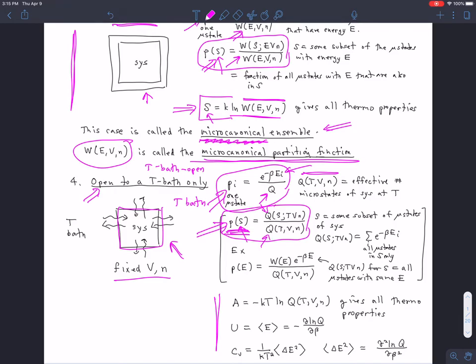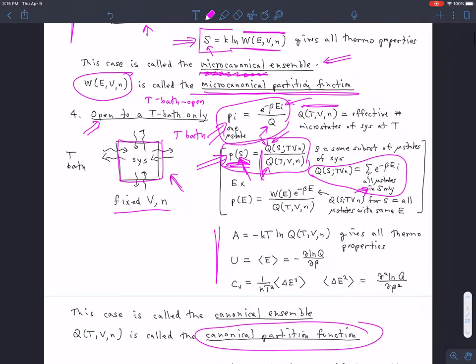So you calculate a partition function where, instead of summing over all microstates, you sum only over some set of microstates. So you want to know the probability of a set S, just do a canonical partition function, but sum only over the set S instead of over all microstates, and then take the ratio of those two Q's, and you get essentially the fraction again of microstates in the set over the microstates in all, for the whole system.